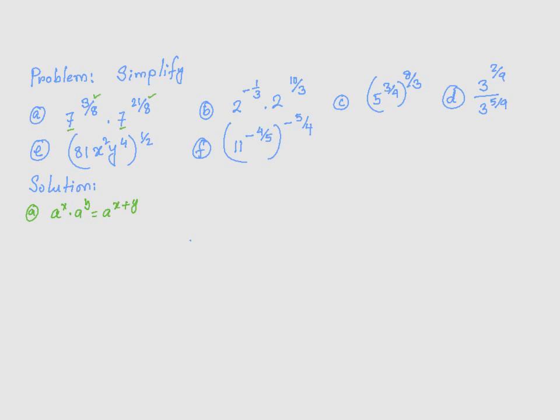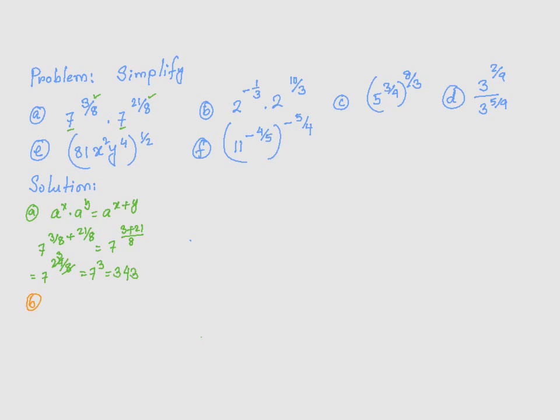So it's going to be 7 to the power 3 plus 21/8, which is the same as 7 to the power 24/8. But 8 goes into 24 3 times, so that's going to give me 7 cubed, which is 343.